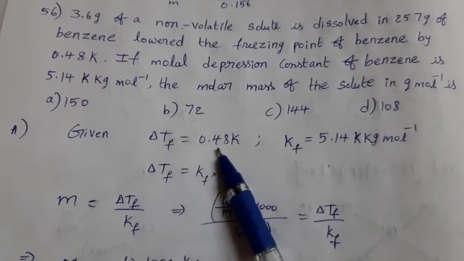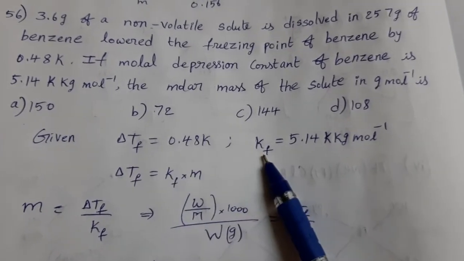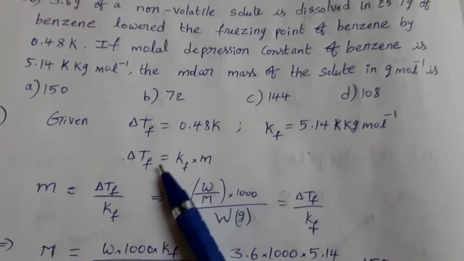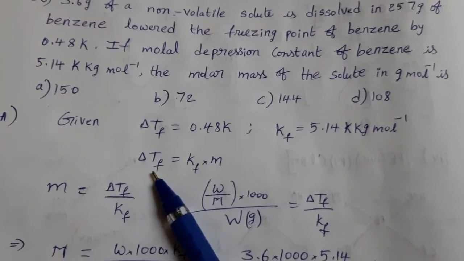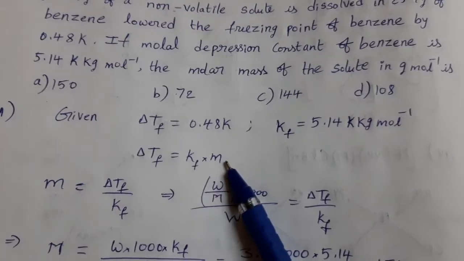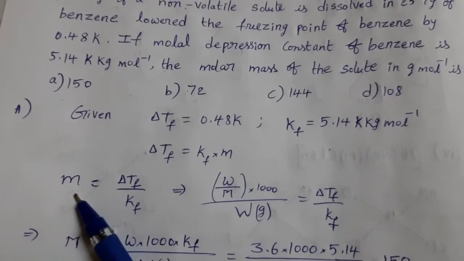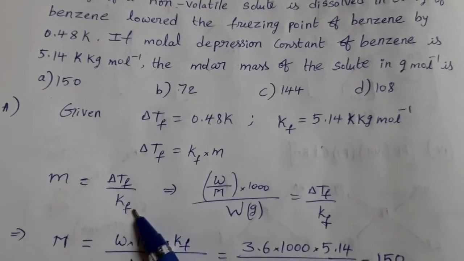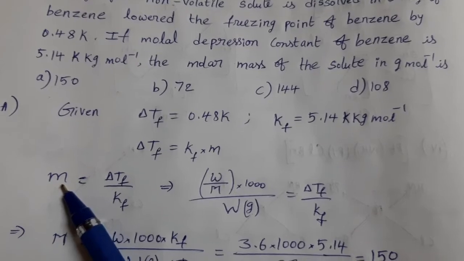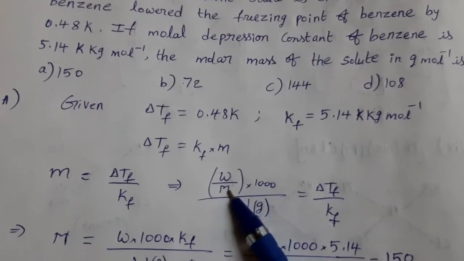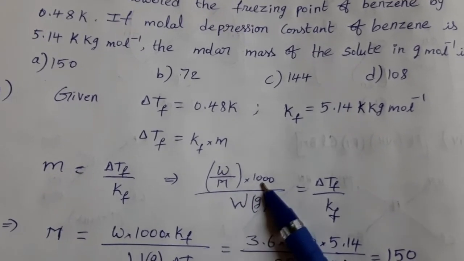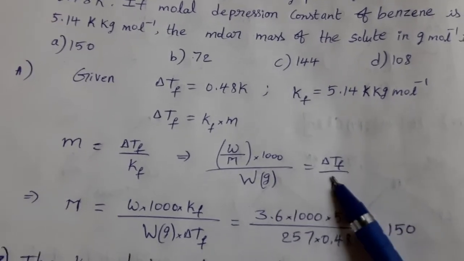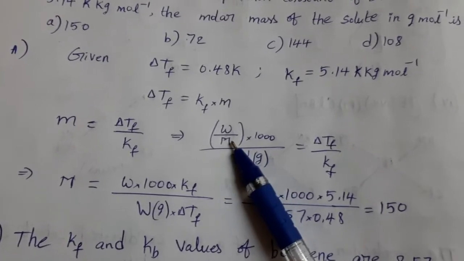Delta Tf equal to 0.48 Kelvin, Kf equal to 5.14 Kelvin kilogram mole inverse. We know the formula, delta Tf equal to Kf into m. So from this molality, m equal to delta Tf by Kf. That implies, what is the molality formula? Weight of solute divided by molar mass of the solute, into 1000 divided by weight of the solvent in grams. From this we should find the molar mass.